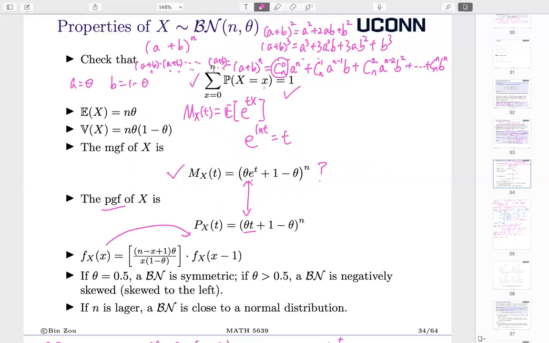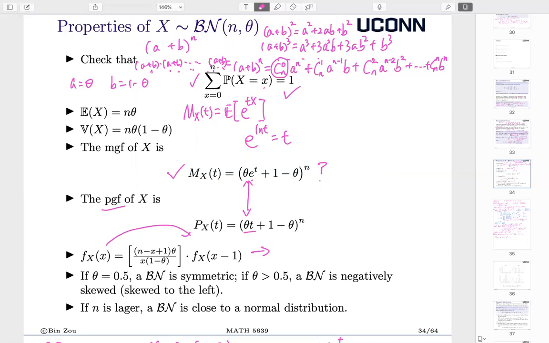So if you know the probability at 0, you can apply this recursive formula many, many times to get the probabilities for all possible results. So this is a nice recursive formula. In the next section, we will sum them up. This should be straightforward, right? All you need to do is a little bit of manipulation on the combination number.